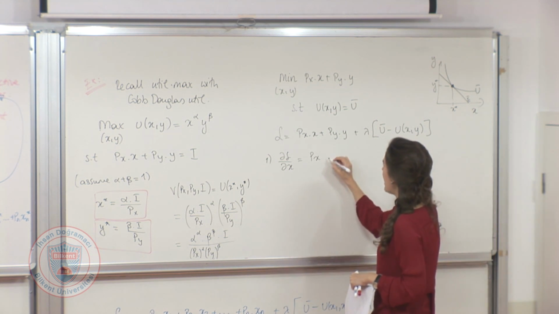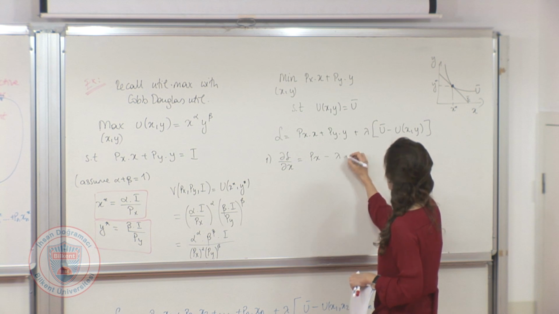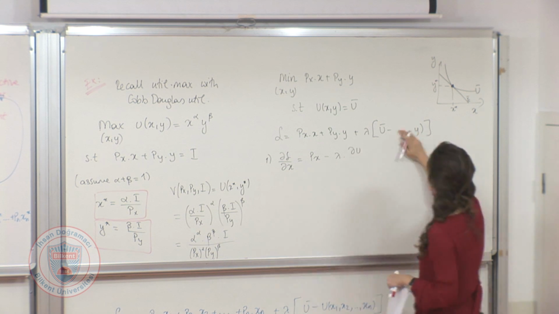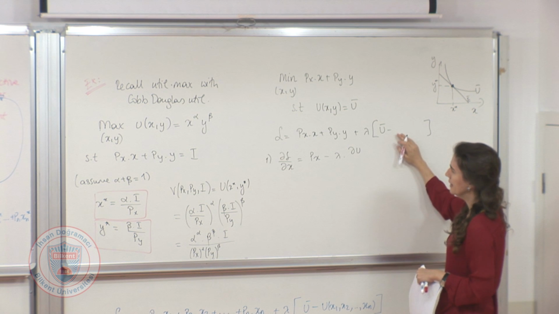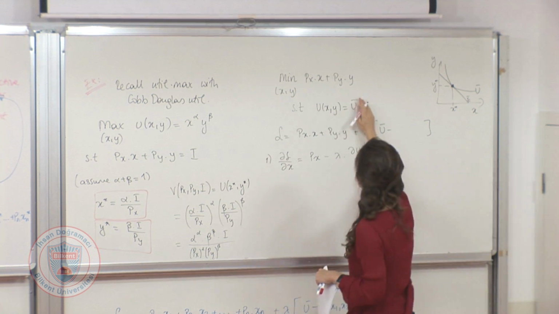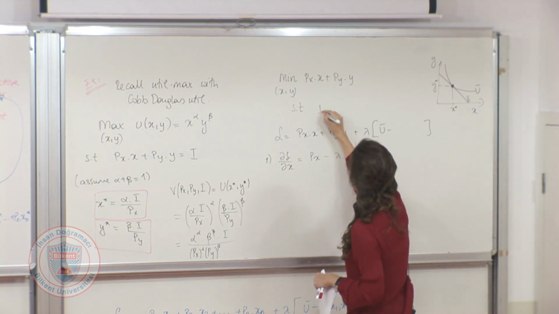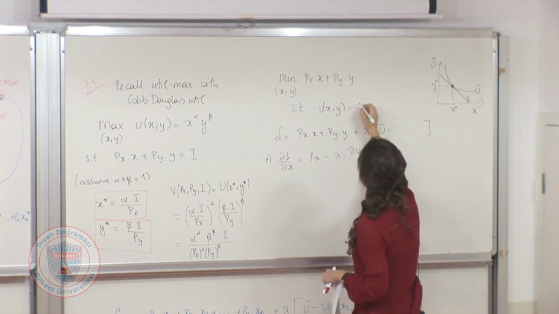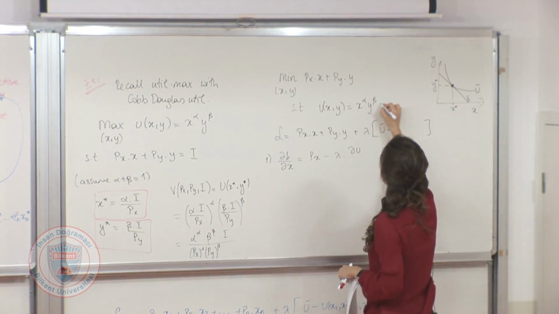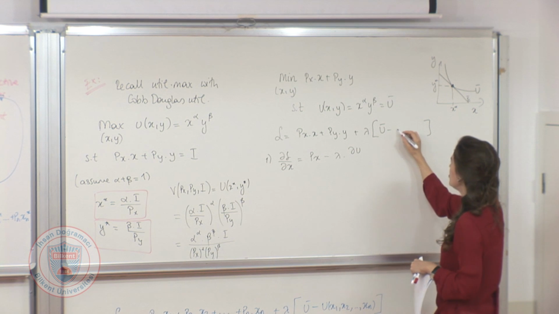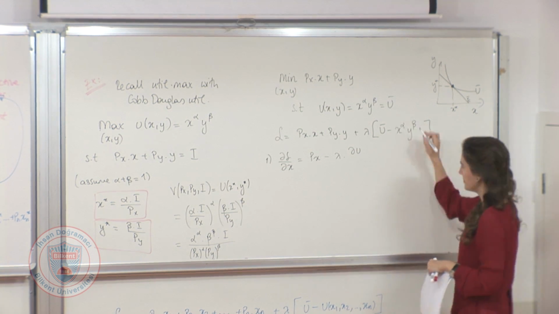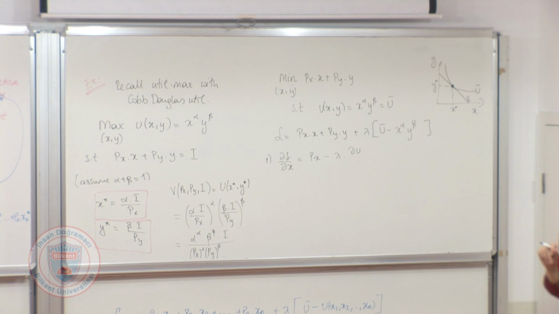So this is px minus lambda times del u over del x. My utility function is x to the power alpha, y to the power beta, equal to u bar. We solved it for the general case.